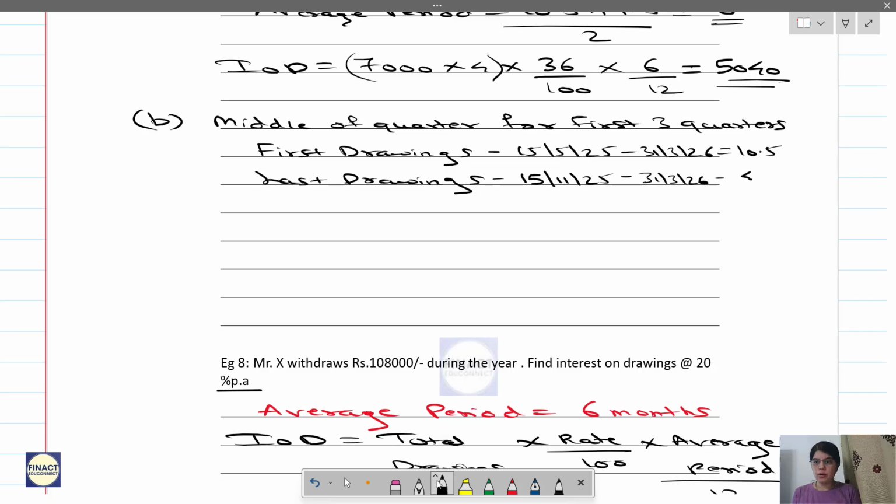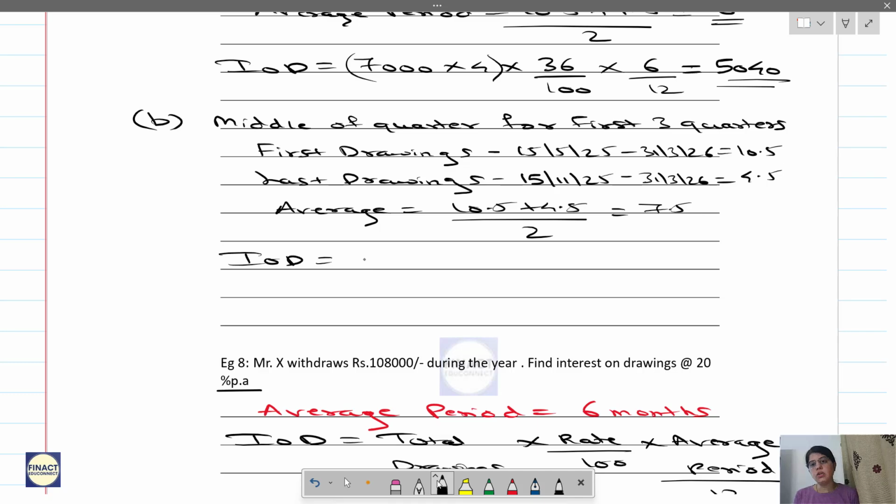Now if I take an average period over here, the average will be 10.5 plus 4.5 divided by 2, so it comes to 7.5. Average period is 7.5. Now I will be using this to calculate interest on drawings.